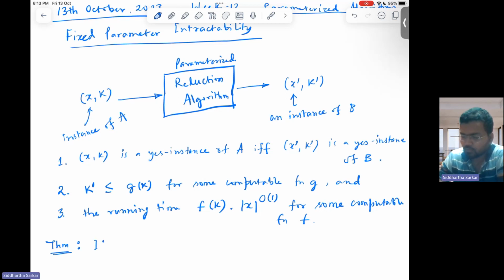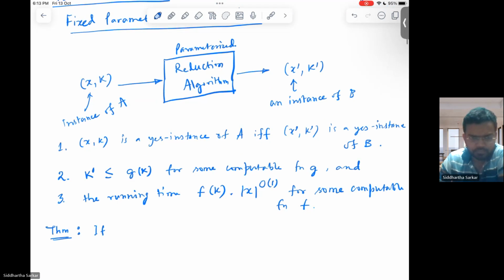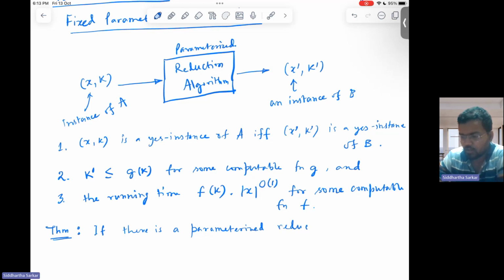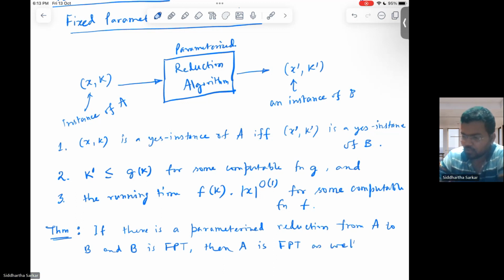So let me write it down. It is easy to see.